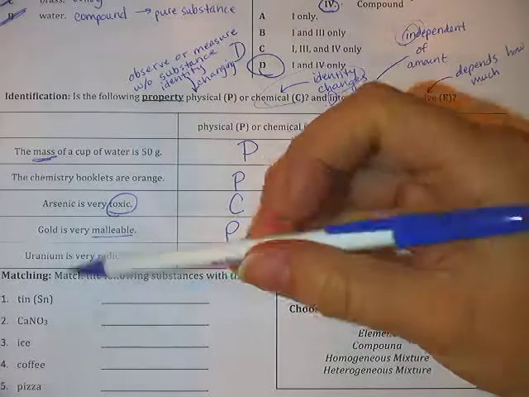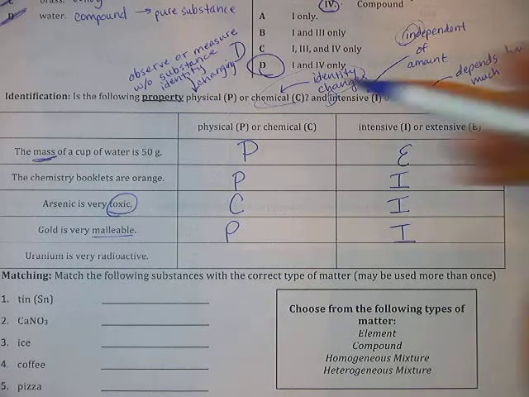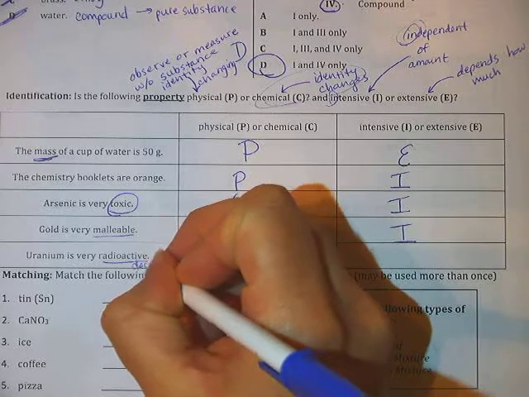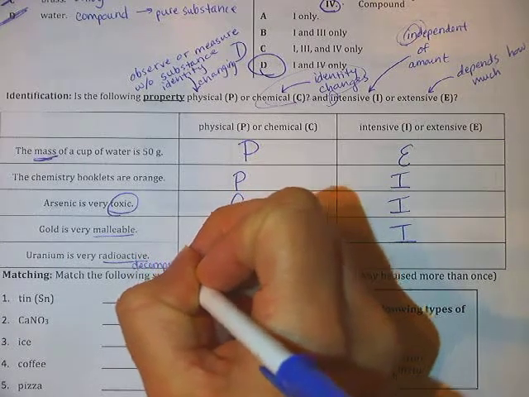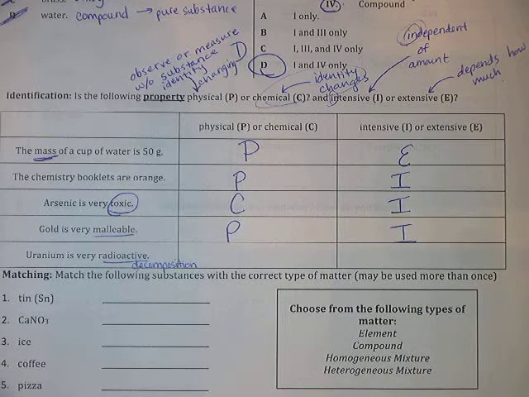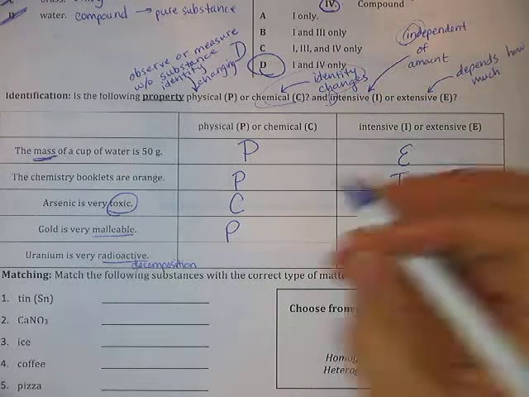And our last one, uranium, is very radioactive. Radioactivity is a type of decomposition. When something is putting out radiation, it is decomposing, which means it is changing from uranium into something else. Its identity changes.